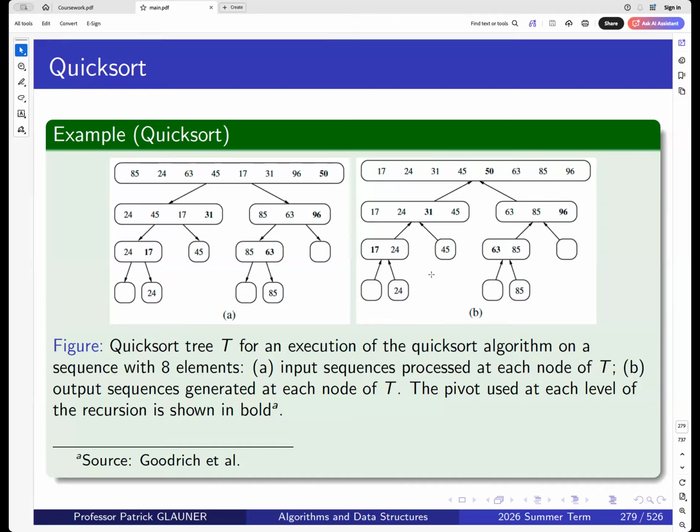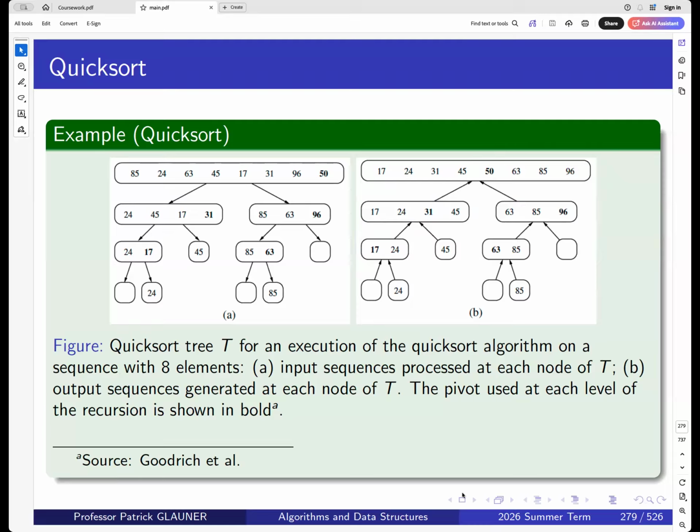And so we could then up here say, well, the 17 and 24 is left of the pivot, that got sorted, then the pivot, and then the 45. And so over here, we bring in order 63, 85, 96. And for the whole list, we take the left list, 17, 24, 31, then the pivot, and then the right sublist that also got sorted by splitting based on the pivot.